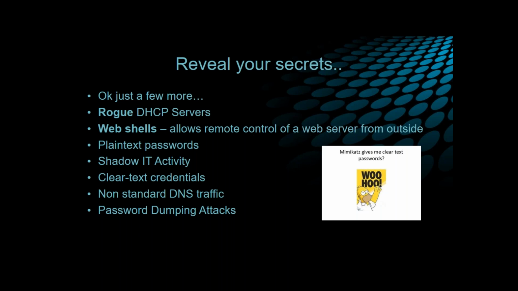And password dumping attacks, where maybe pen testers or malicious threat actors are using tools like Mimikatz or the Windows credential editor to dump plain text passwords out of memory, Windows credentials and things of that nature. This all comes up using our endpoint detection and response tools, and that's not so much on the packet side, but it's actually when we use the NetWitness endpoint tool.